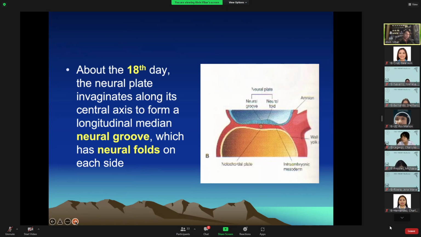And this is the developing notochord. In your previous lecture, that will form the nucleus pulposus of the intervertebral disc. And the notochord will induce the formation, the development of the neural plate.